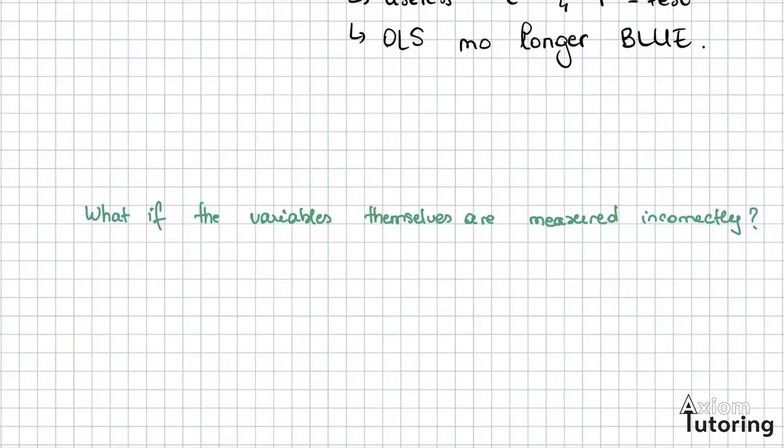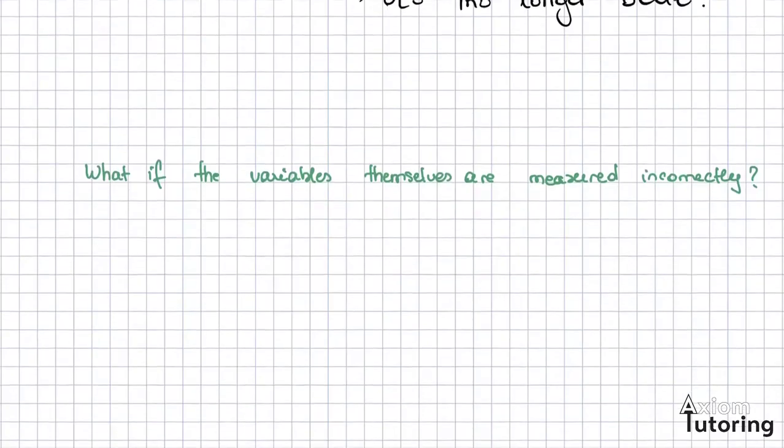For example, someone could be reporting 45,000 pounds as earnings instead of 50,000 because maybe they don't want to disclose the whole amount. A survey could ask how many hours you studied. Someone doesn't want to give the impression that they haven't studied much, so they put an overestimation of the hours.